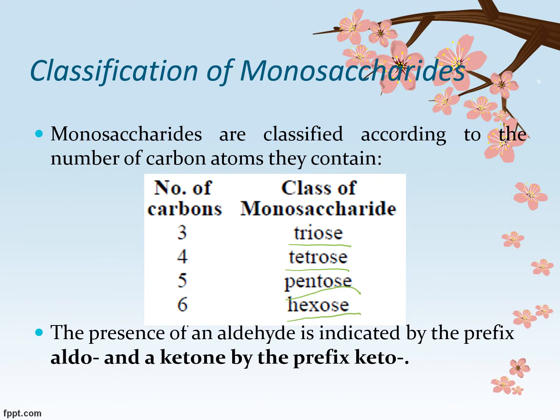Okay, so the presence of aldehyde is indicated by the prefix aldo, and if it's ketone we use the prefix keto. Okay, so if it has aldehyde, then we call them aldose. If it belongs to the ketone saccharide, we call them ketose.